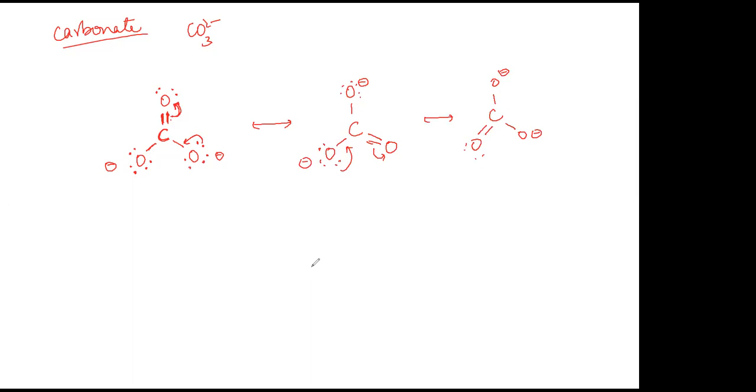So the resonance hybrid can be written as CO3, because this pair of electrons is being shared by all of them, so all of them will have similar bond characteristics, something like this. Ma'am, you still fill in the electrons, right? Like on oxygen. Yeah. Okay, got it.